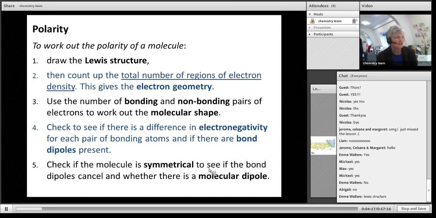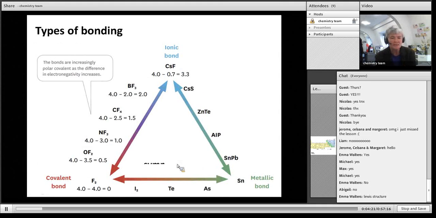And let's look at it now. First of all, what do we mean by electronegativity? There are three types of bonding you have to learn this year: ionic bonding, covalent bonding, and metallic bonding. Now it's never that all these are covalent and all these are ionic and all those are metallic. There's really a continuum along it.